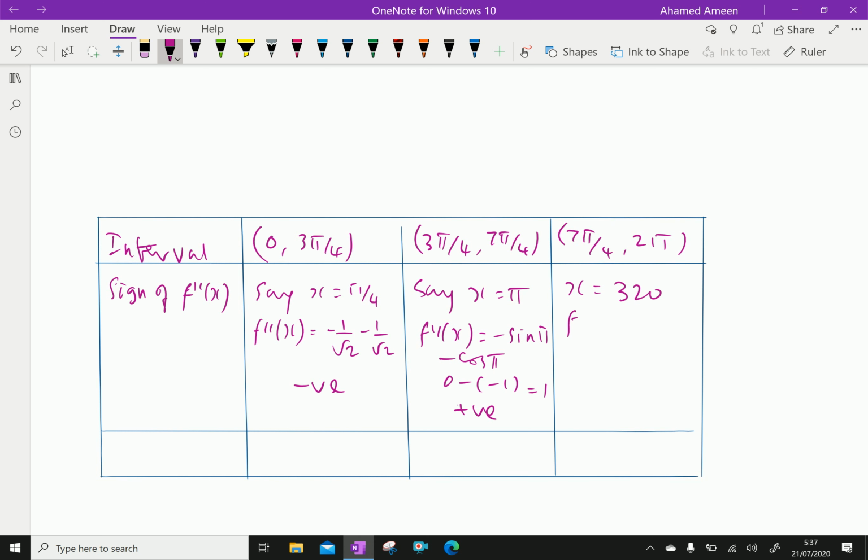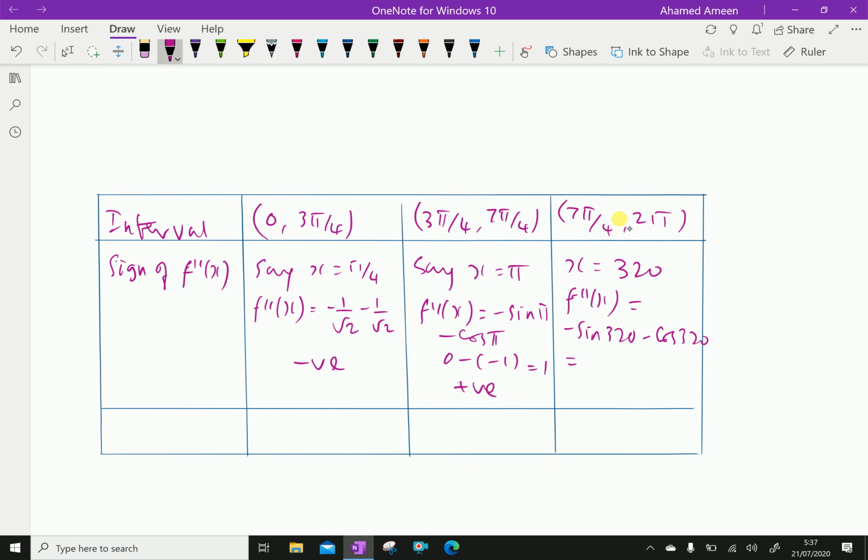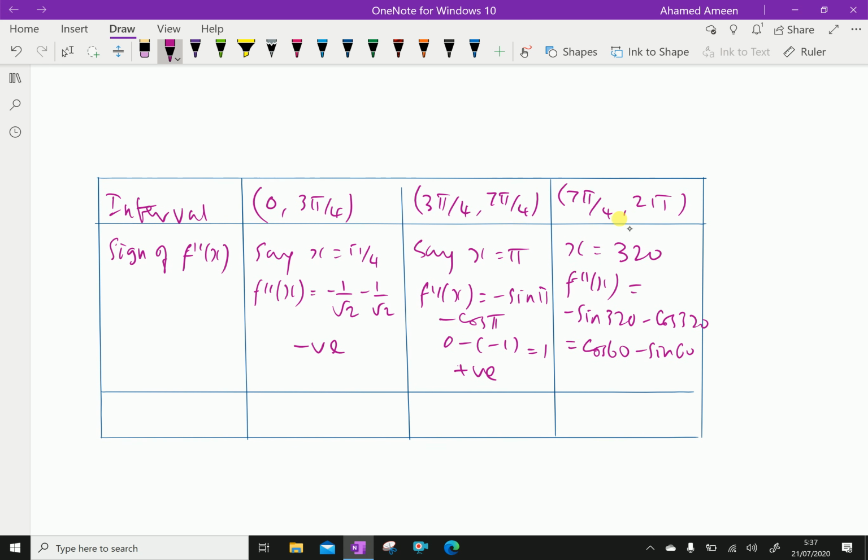Now f 2 dash of x equals minus sin 320 minus cos 320, which is 1 by root 2 minus root 3 by 2, which is a negative sign.